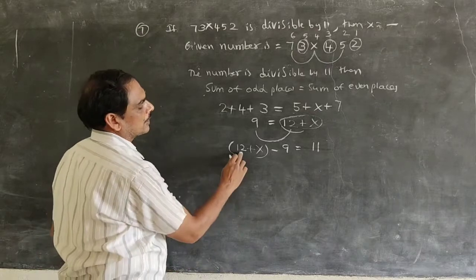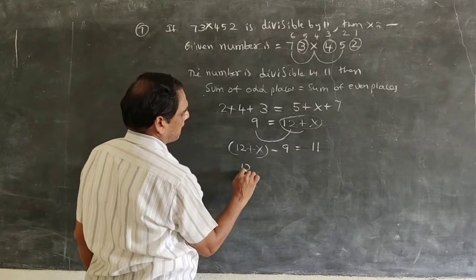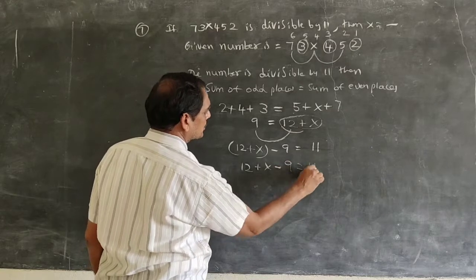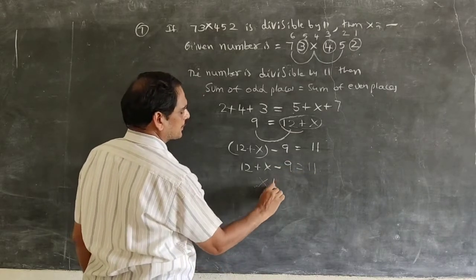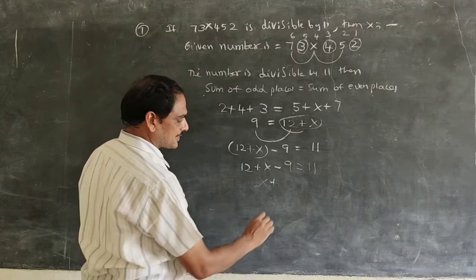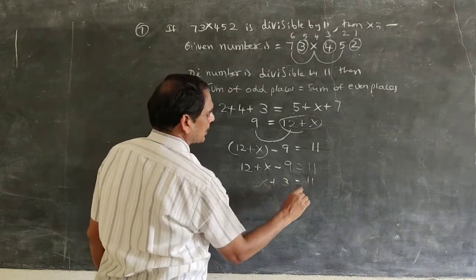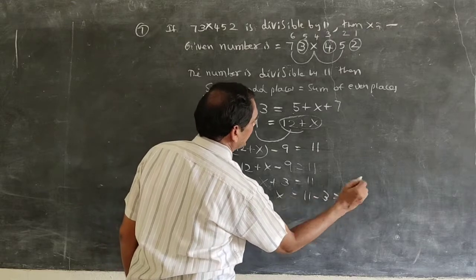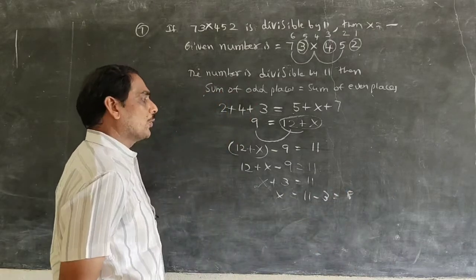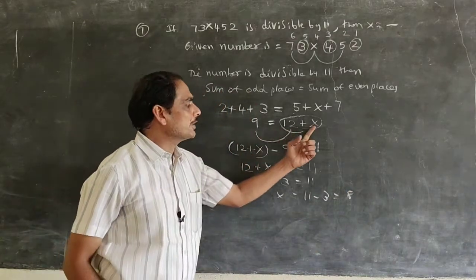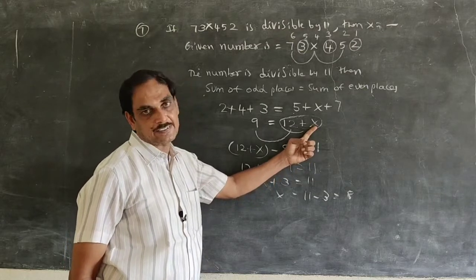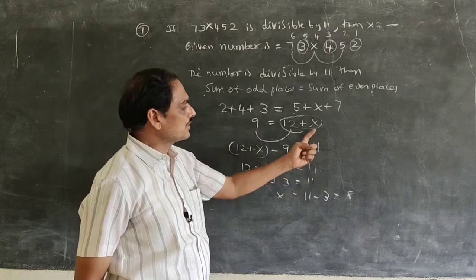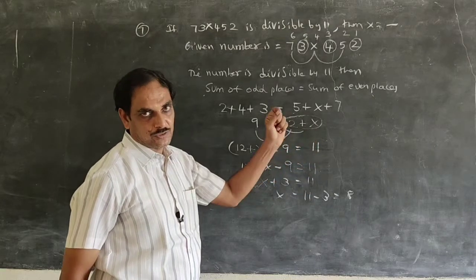So x plus 3 equals 11, x equals 11 minus 3, equal to 8. So there is no possible value of x from 0 to 9 that makes them equal.